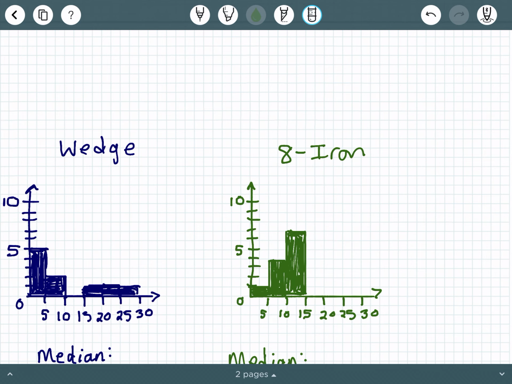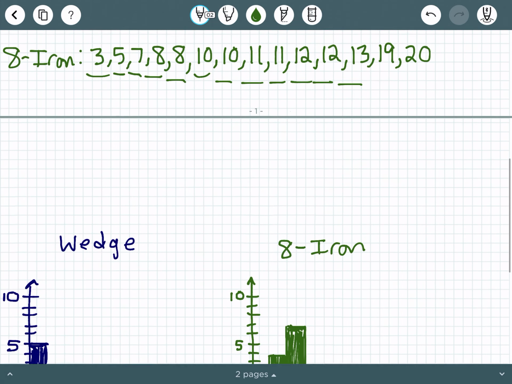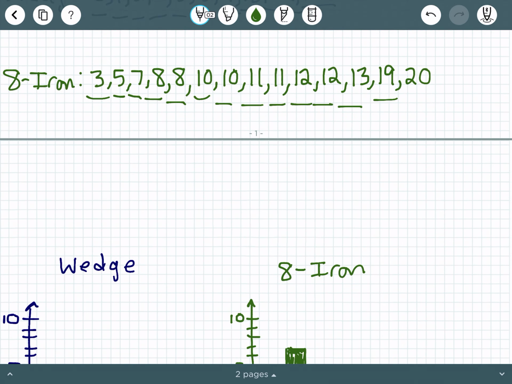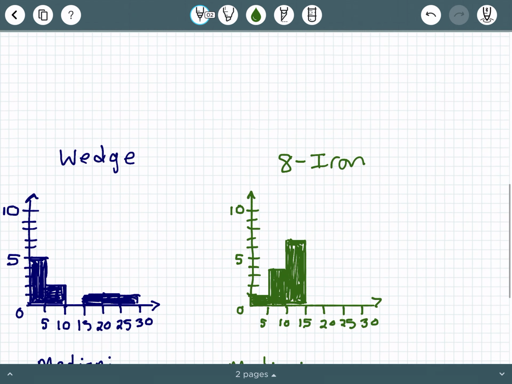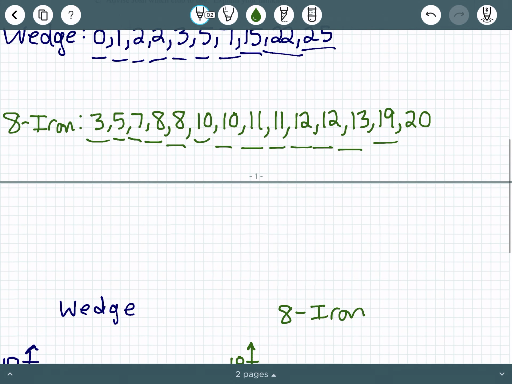All right. Our next range of distances goes from 15 to 19. We have 1 there. So go up to 1, shade that in. And then our last range of distances goes from 20 to 24.